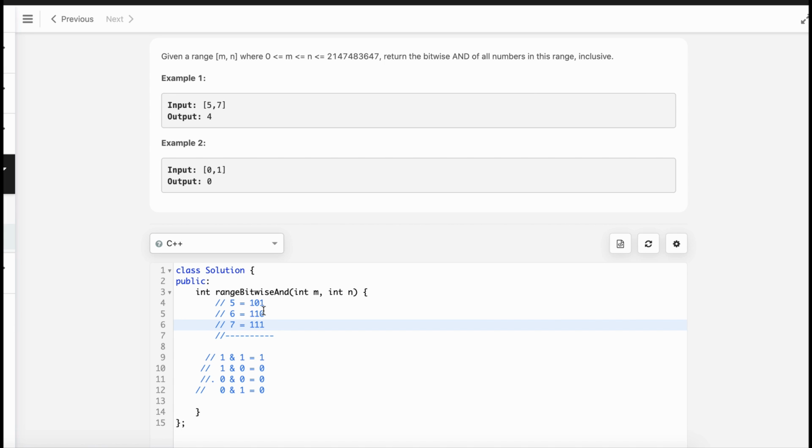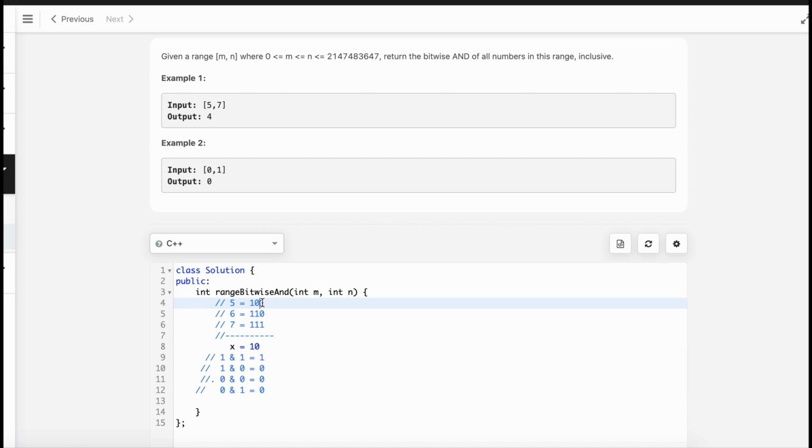To calculate the final value of the AND operation, the final value will be the AND of every digit in its column. Here this is 1, this is 1, and this is 1, so the AND gives 1. Then 1 and 1 is 1, and AND with 0 gives 0.